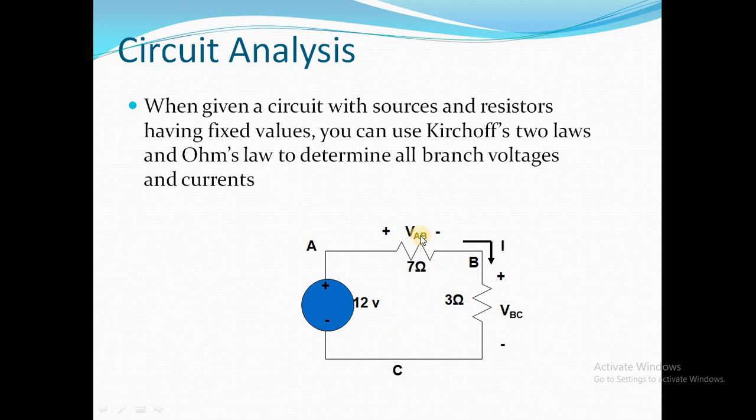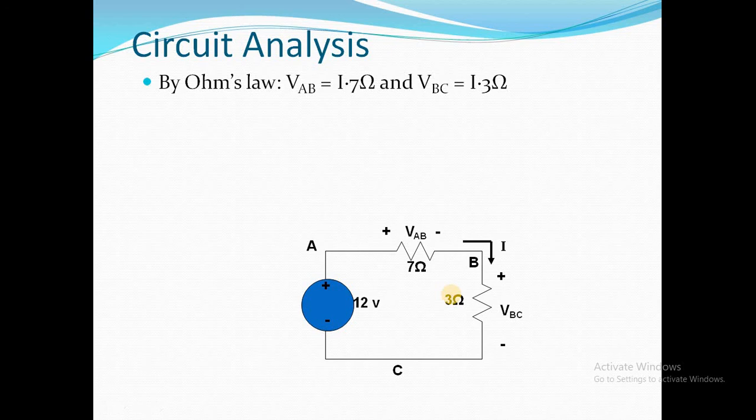By Ohm's law, how to calculate VAB? Ohm's law says V is equal to IR. So VAB is equal to I times 1.7 ohm.